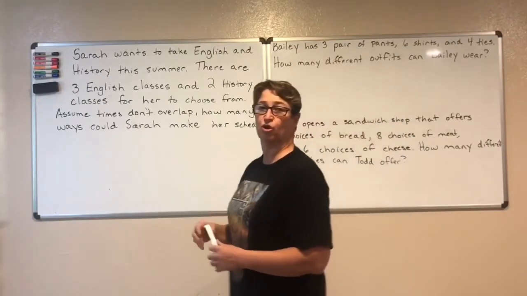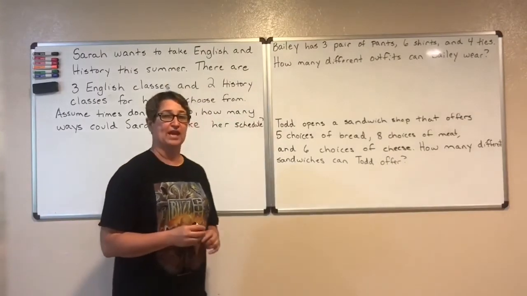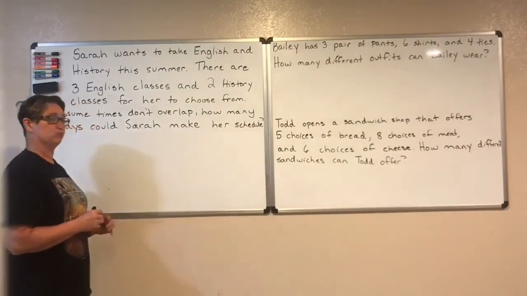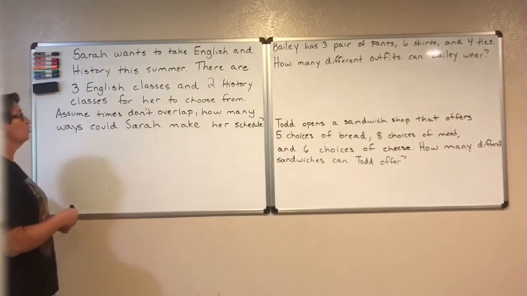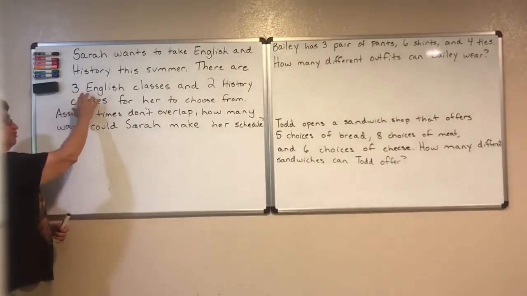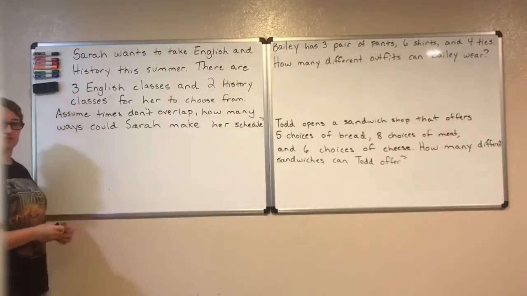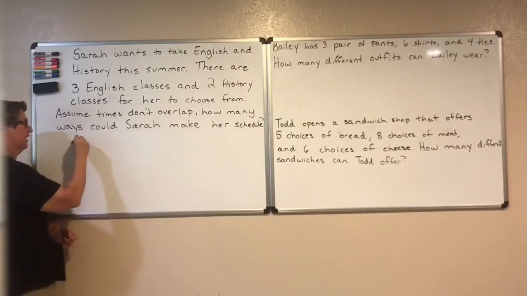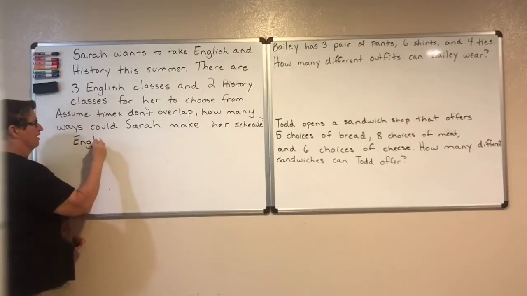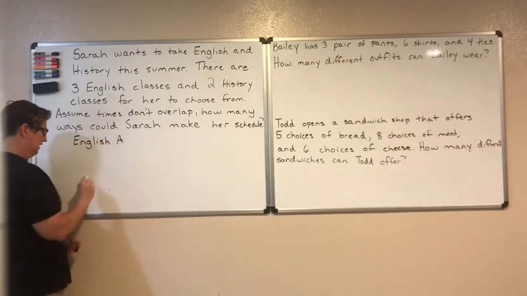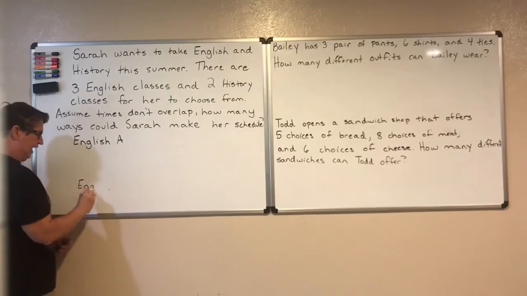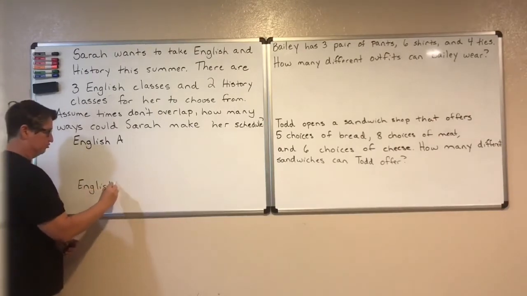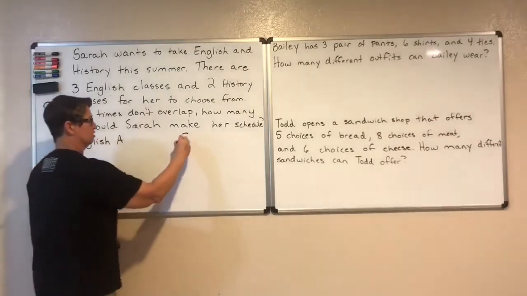So we're just going to draw a picture of what she can do with her schedules. What are her different options? Well, she has 3 choices with our English classes. Let's label those 3 classes as English A, English B, and English C, because she has these 3 different choices of English that she can take.